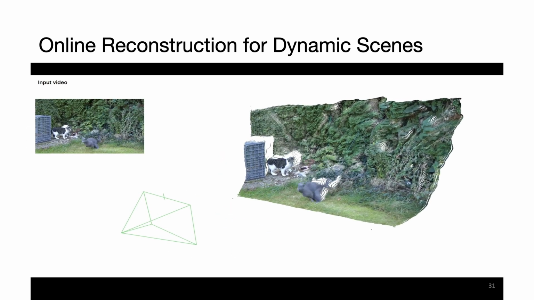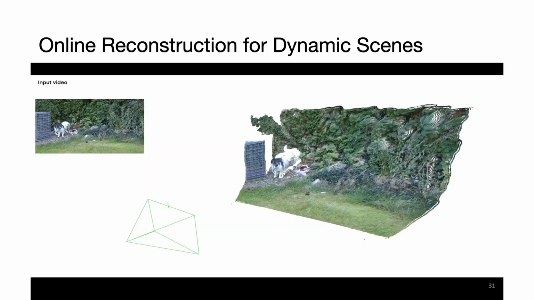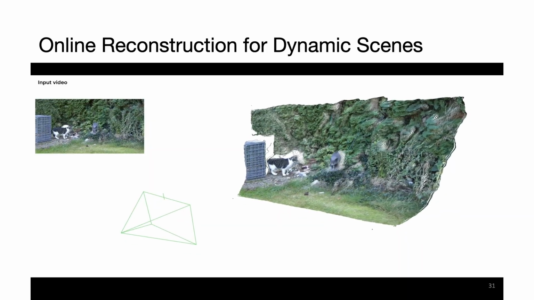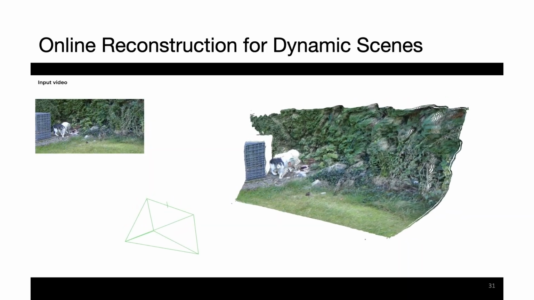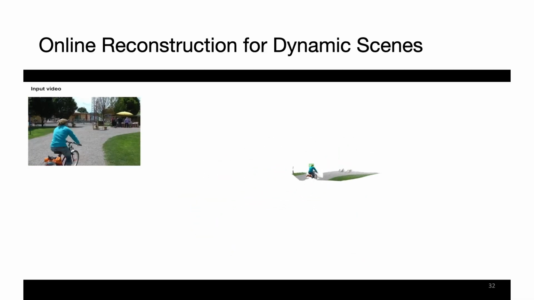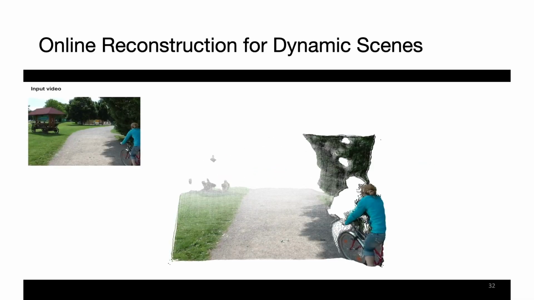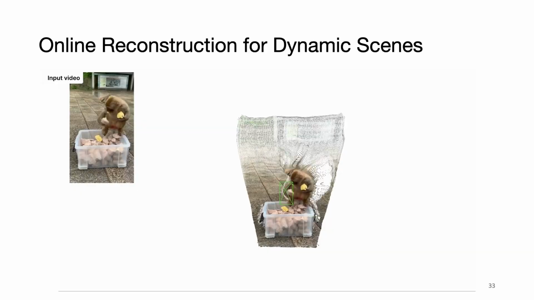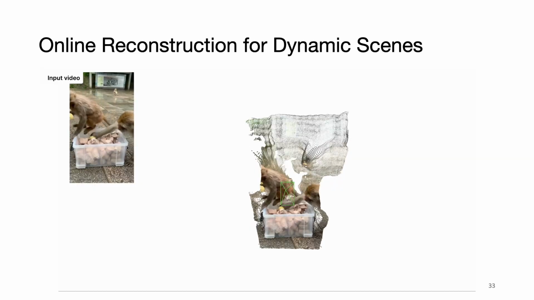And this is an example with large camera translation. Dynamic scenes are fundamentally challenging for traditional methods, which do not learn any data-driven priors. And with large-scale training, the model also generalizes pretty well to novel objects and scenes, like in this case with monkeys.